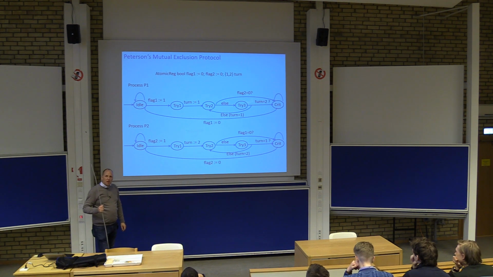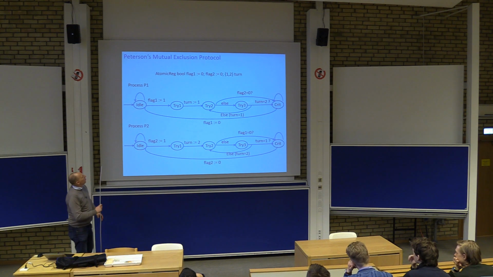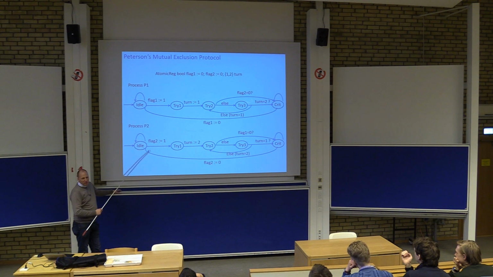You know why? Too many states? Yeah. But it's still not too many for 2 processes. But this will be very complicated if you have 3, 4, 5 different threads that you need to coordinate.